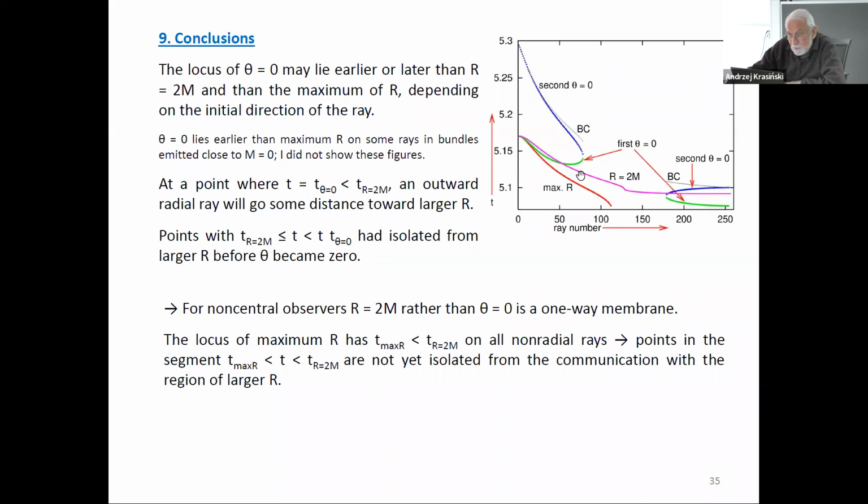Now, points where R equal to M is earlier than theta equals 0, those points on those rays became isolated from larger R before theta became 0. So you can see that for non-central observers, this hypersurface R equal to M, rather than theta equal to 0, is a one-way membrane.